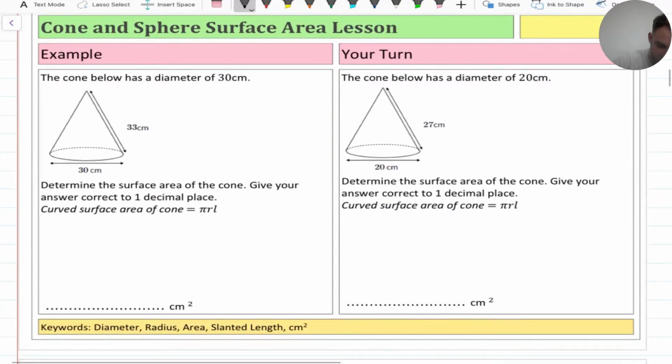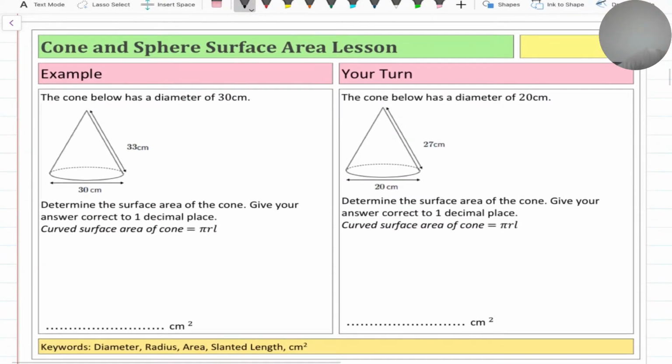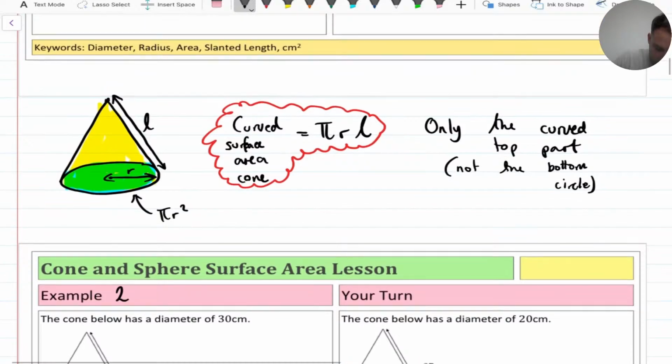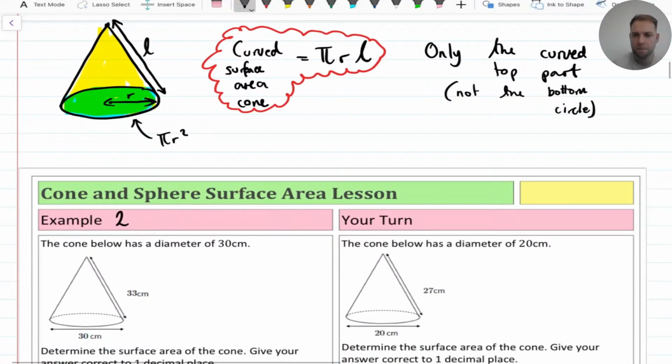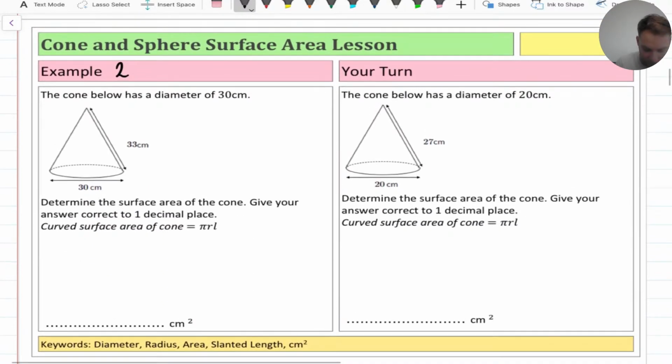Okay, and then let's have a go at this one here. This one here is example 2. Give you a second to get that down. So this one says determine the surface area of the cone and give your answer to one decimal place. Now there's two things we need to work out here.